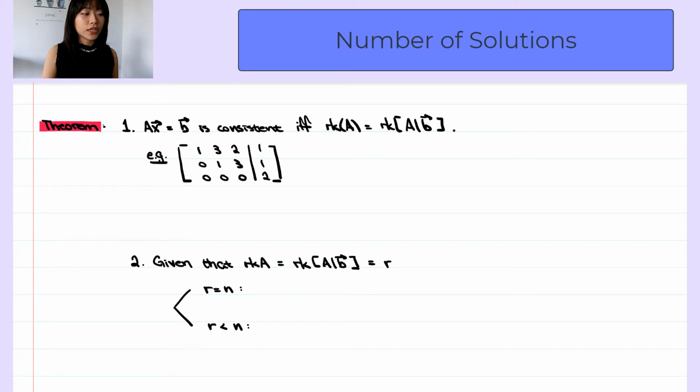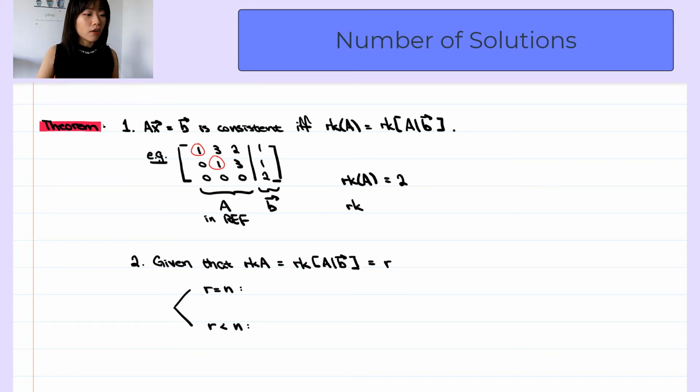For example, if we reduce the system into reduced echelon form, we have a pivot here and a pivot in the second column. Then on the left, this is my matrix A in reduced echelon form. And to the right of the vertical bar, this is my vector B. So what is the rank of A? In matrix A, we have 2 pivots, so the rank of A is 2.